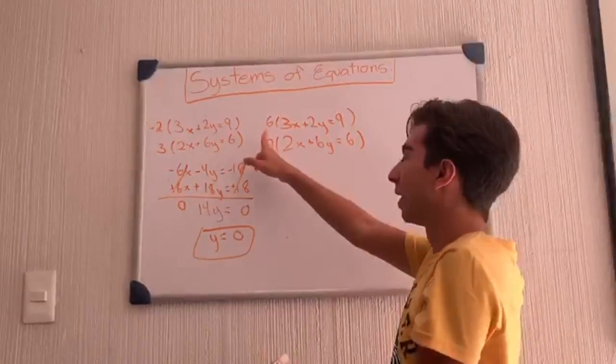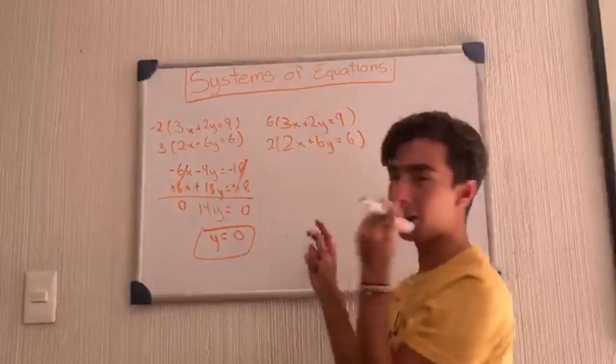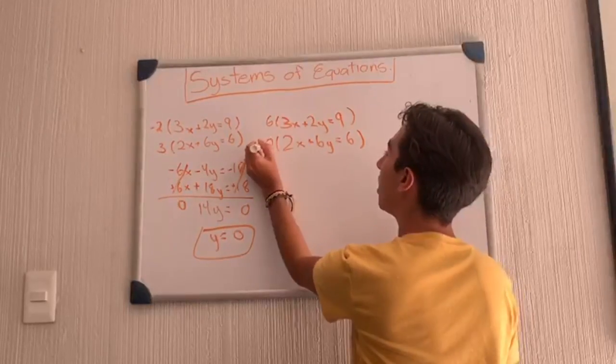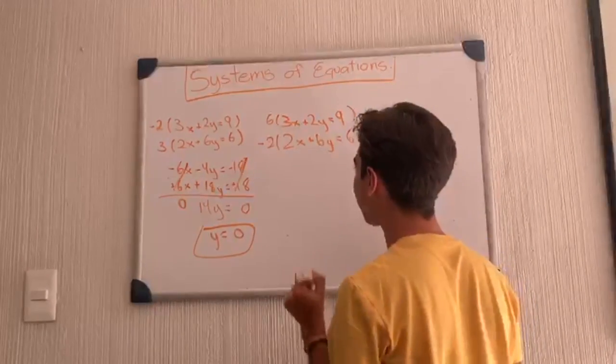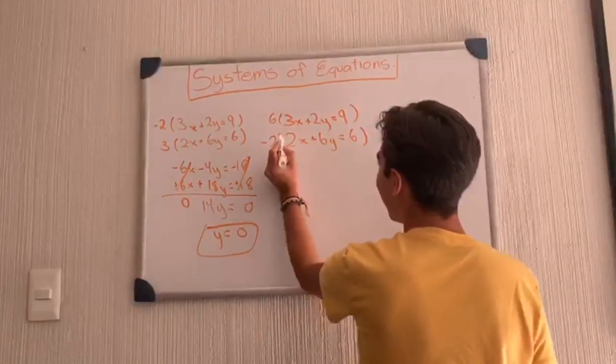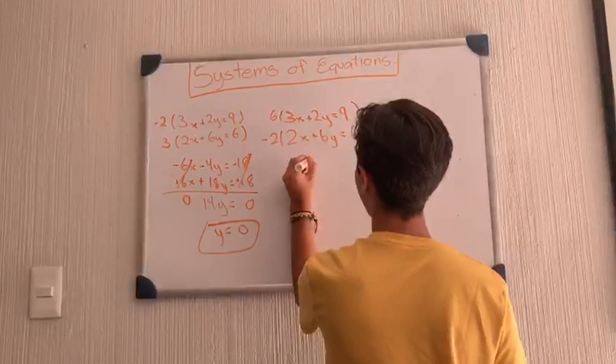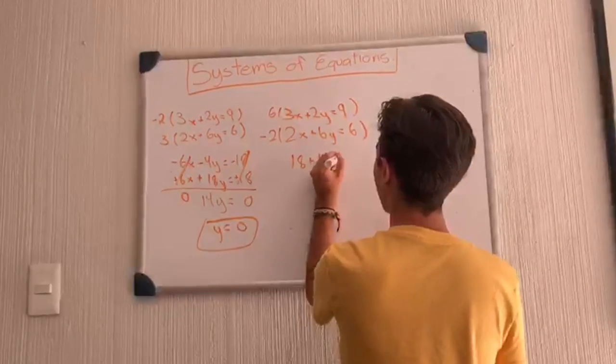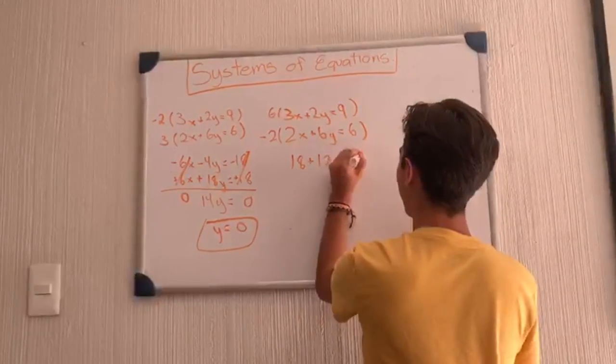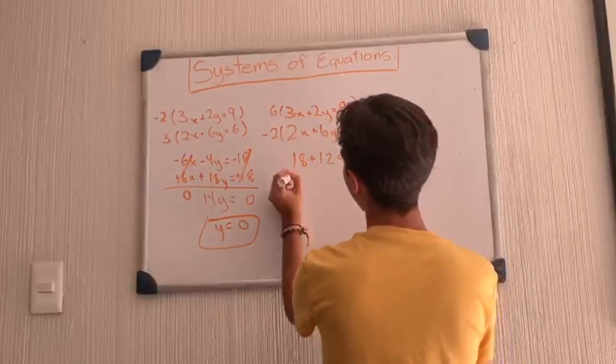Then we choose one of them to be negative. I generally choose the smaller one, so it's easier. So it'll be 18 plus 12 equals 54.